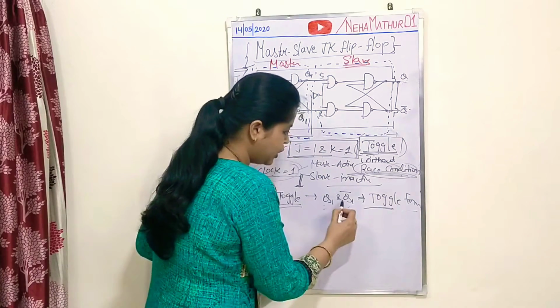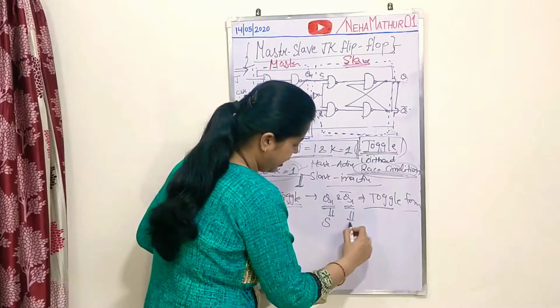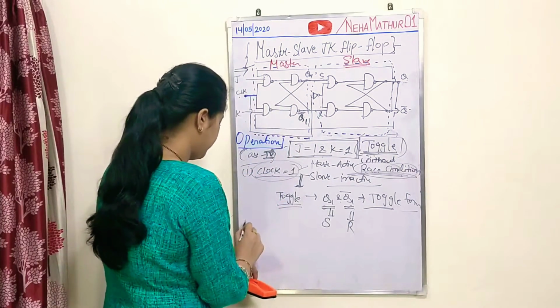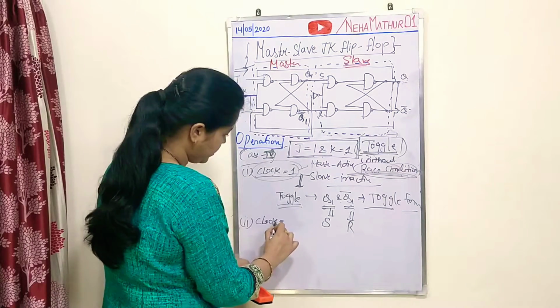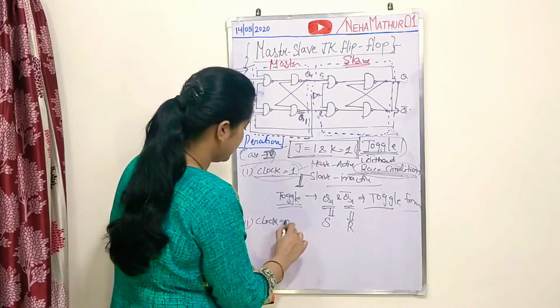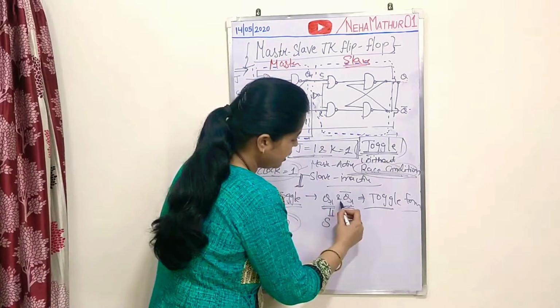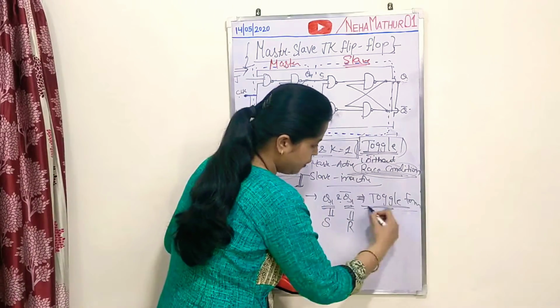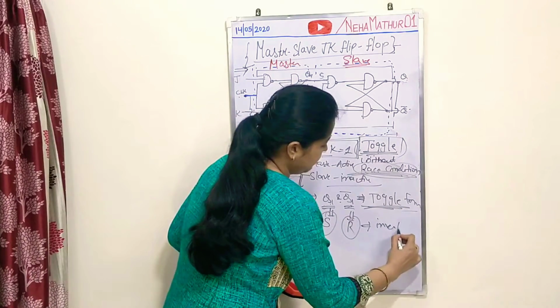This Q1 and Q1 bar is directly your S and R. That means in your second step, when you go with clock equals 0, Q1 and Q1 bar is in toggle form. That means your S and R is in inverted form.